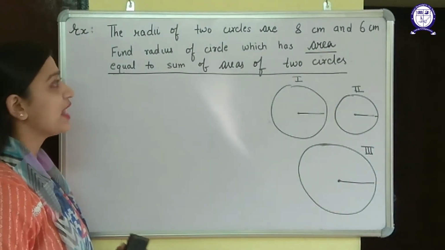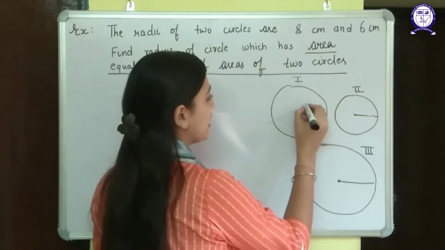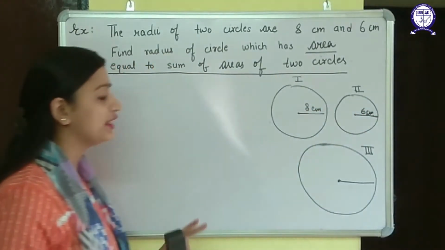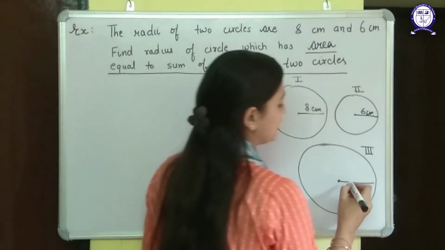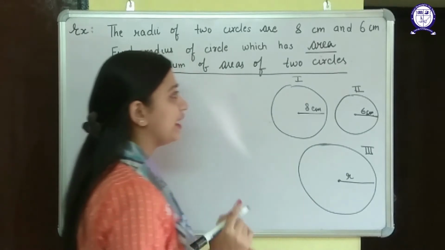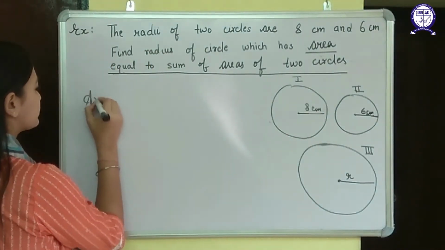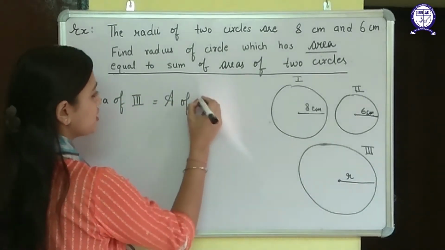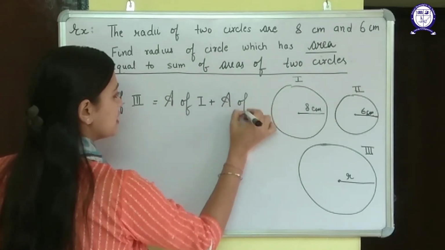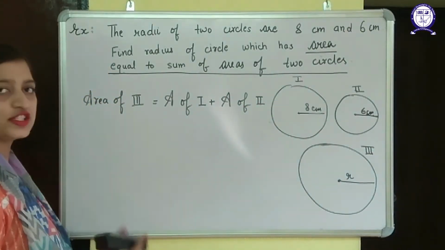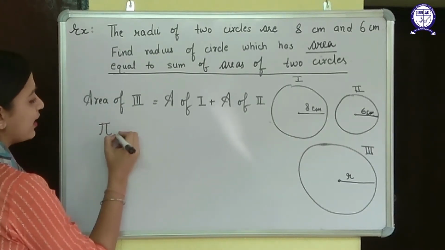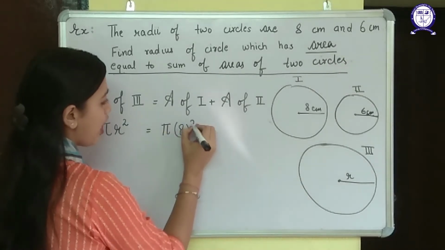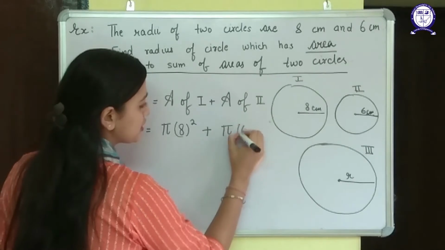So there are two circles with radii 8 cm and 6 cm respectively, and we need to find the radius of the third circle, which has radius r, and the area of the third circle is equal to the area of the first plus the area of the second circle. Again I will just put the formulas: pi r square equals pi into 8 square plus pi into 6 square.